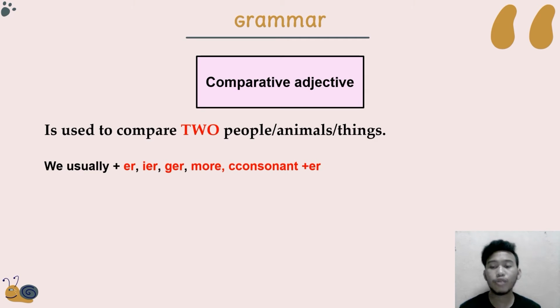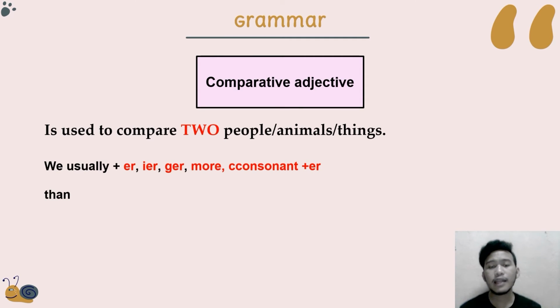If you want to compare this thing and the other thing, I give you one sentence to make it easier. The lion is scarier than the cats. As you can see, the original word is scary, but if you want to compare, we add ier at the end of the word.